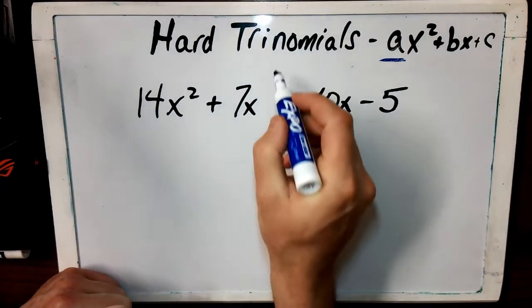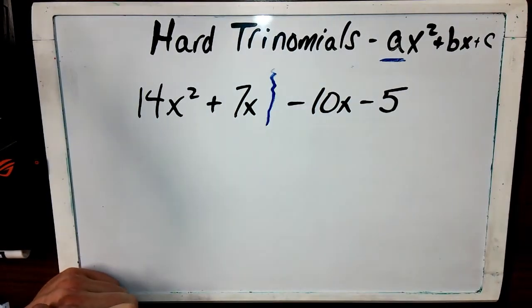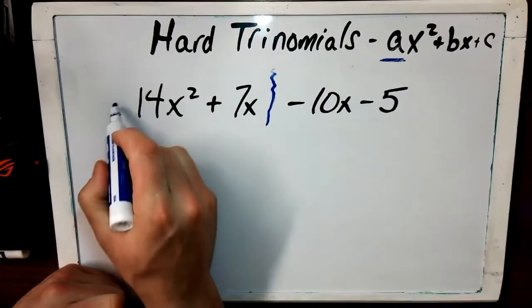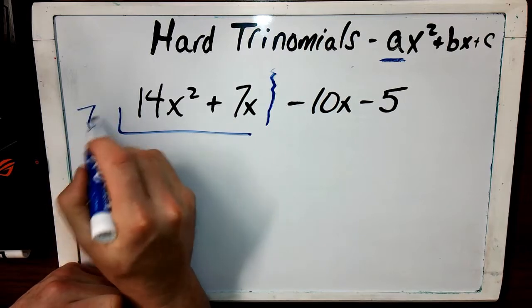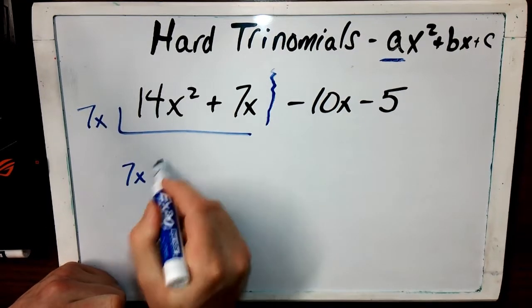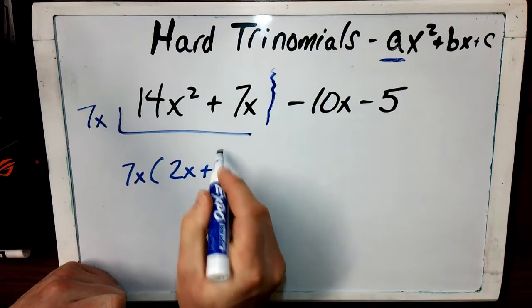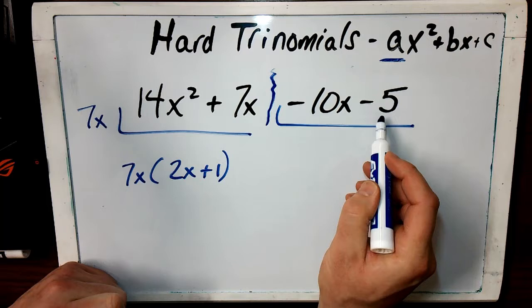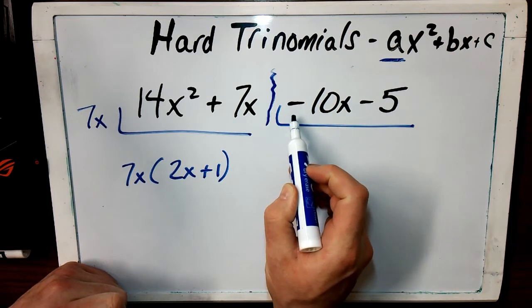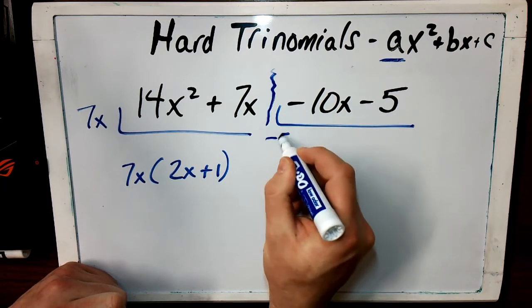So what we're going to do is break it into 2 halves, always straight down the middle. GCF of the first part: 7x goes into both of those. On this side, 5 goes into both, but because there's a negative at the beginning of the section, we're going to take out negative 5.